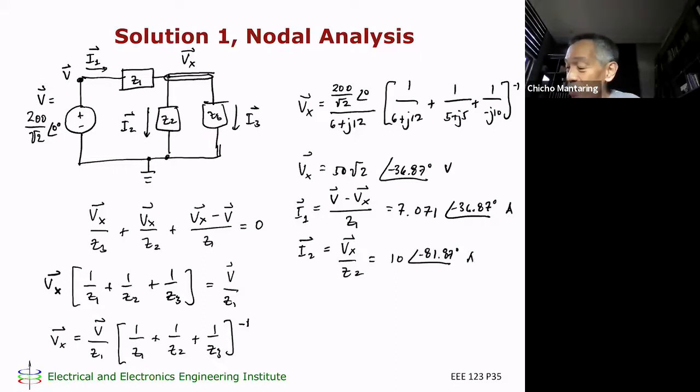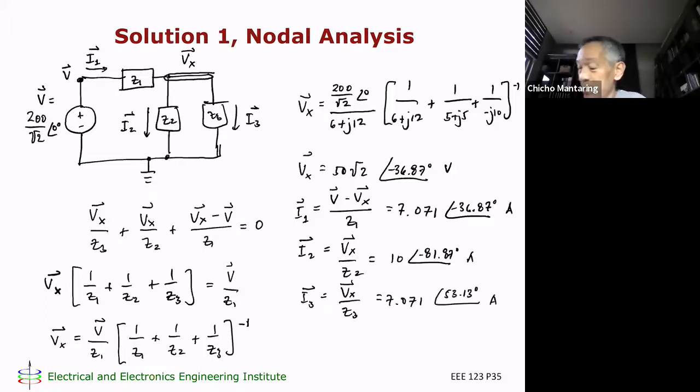No, lagi lang ilalagay yung units. No, volts, amperes, at saka amperes. And finally, I3 is Vx over Z3. No? Vx divided by Z3, that's I3. And this is 7.071 at an angle 53.13 degrees amperes.